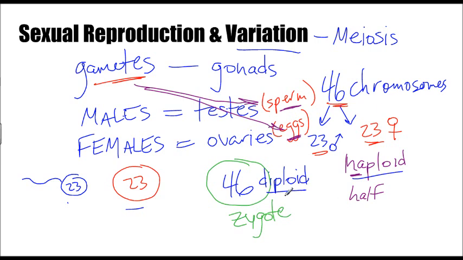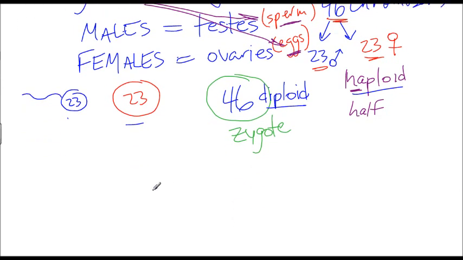Now, how does this happen? Well, this really starts from the 46 chromosomes. These 46 chromosomes have to find a way to divide that diploid number into haploid numbers. And the process by which this happens is called meiosis.